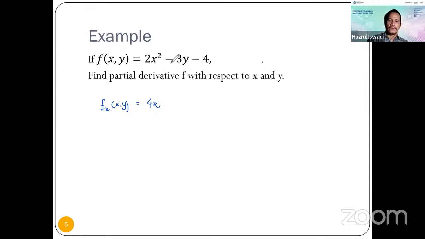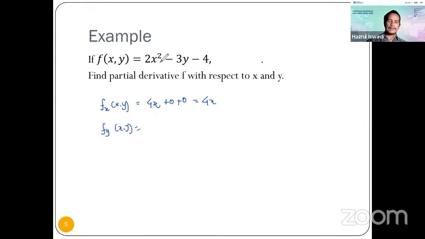So the derivative with respect to x is 0 plus 0, so 4x, yeah. And what about the partial derivative with respect to y?